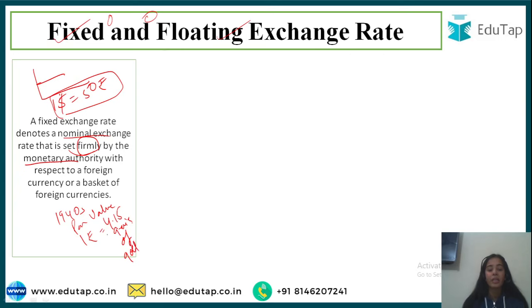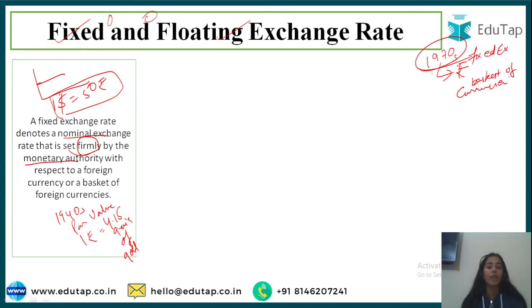Okay, then came the 1970s, around 1971, when the rupee was determined against the basket of foreign currencies. First it was decided against the pound and then against a basket of foreign currencies. So this was the fixed exchange rate that was followed by India after the 1970s.